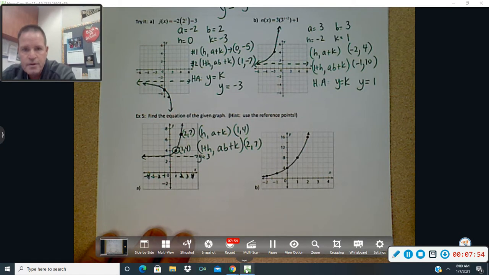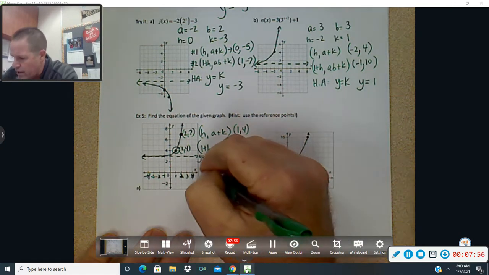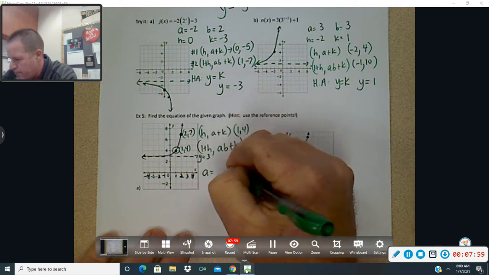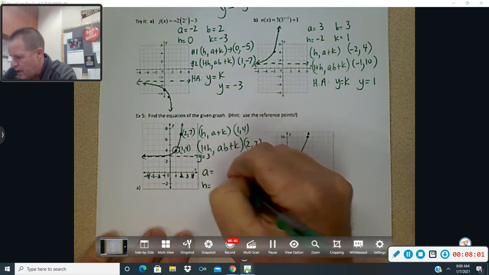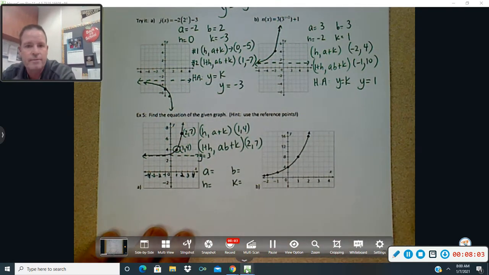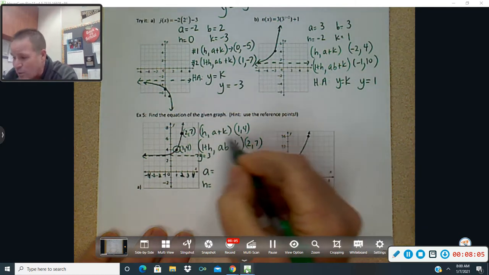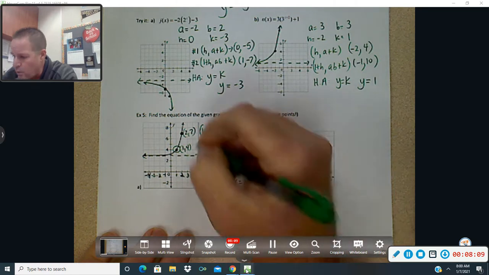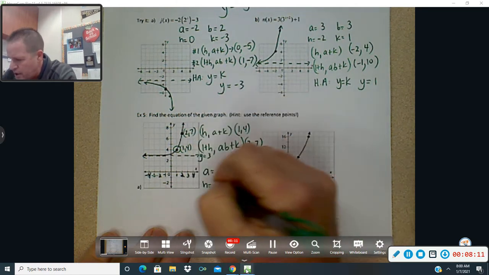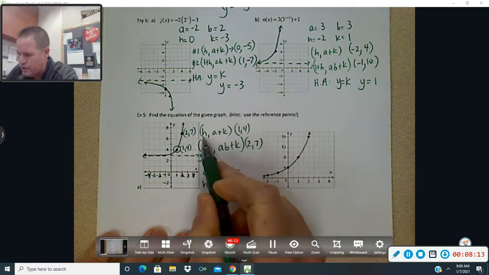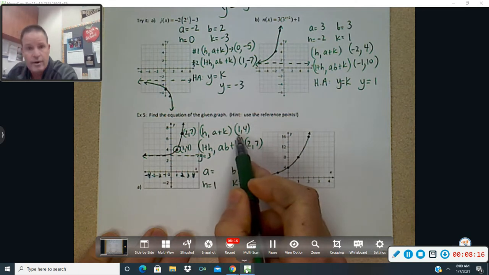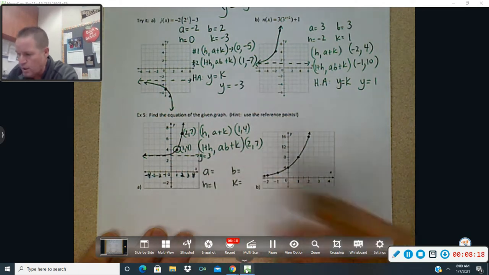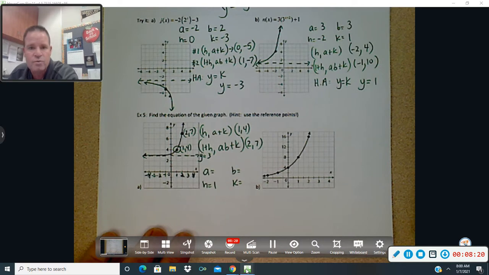Okay, so now, you can see right now that we're going to need a, b, h, and k to make the equation. And now we just got to kind of work backwards here to figure out what is what. Well, it's obvious that h is 1 because it's directly lining up. And 1 plus 1 is 2. So again, h is 1.